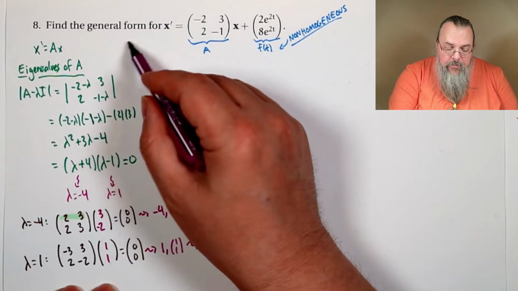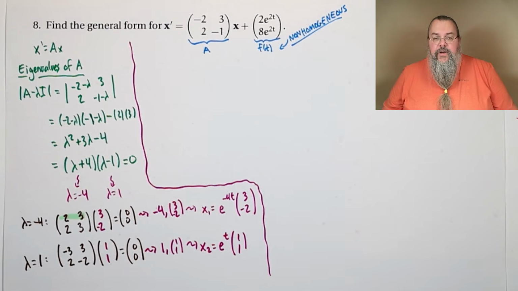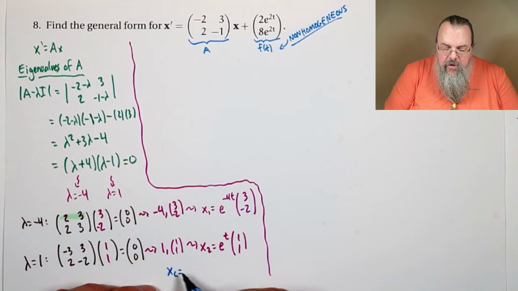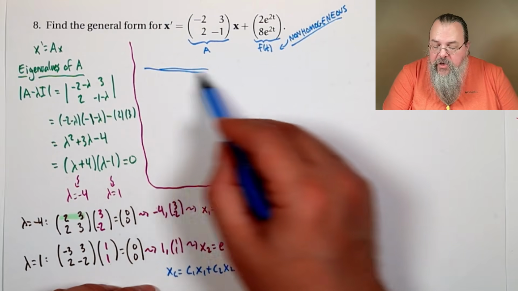Okay, so now we've really nailed down our homogeneous part. We'll not write it fully out, but the punchline here is our xc is some constant c1 x1 plus c2 x2. So we turn now to our particular solution.